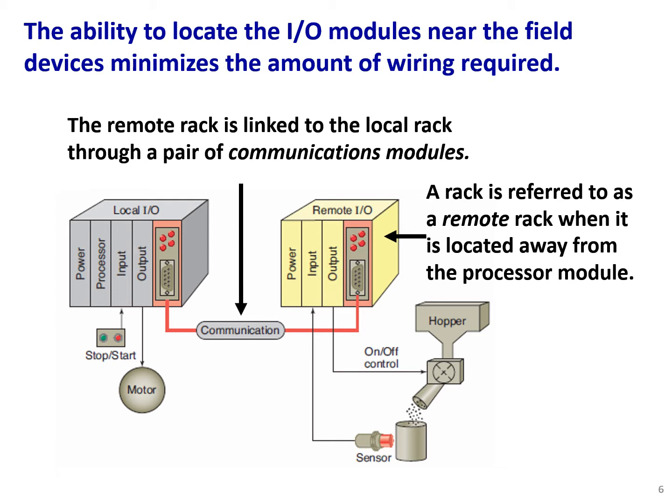The remote I/O basically gathers all the inputs or distributes all the outputs to the local machine, and then communicates all the data at once with, let's say, one communication protocol like Ethernet to the local I/O or PLC. A rack is referred to as a remote rack when it's located away from the processor module. So this remote rack is away from the processor module.